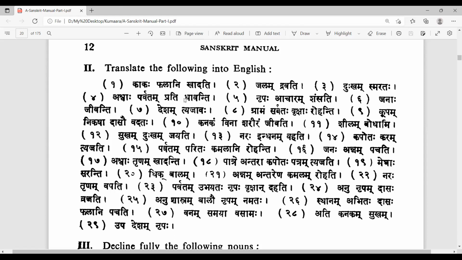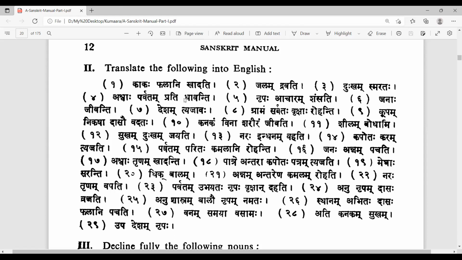Saptami? No, it is dvitiya dvivachanam. Kapotaha is prathama, right? Okay, okay. Patre antara, in the vessel, sorry.